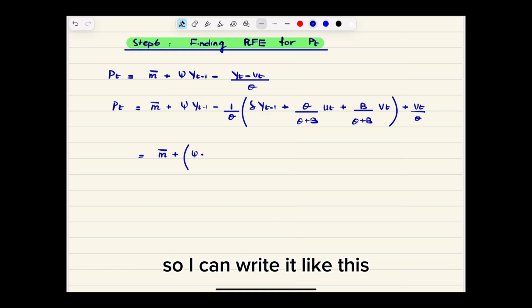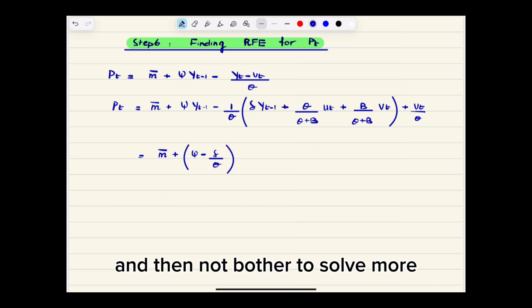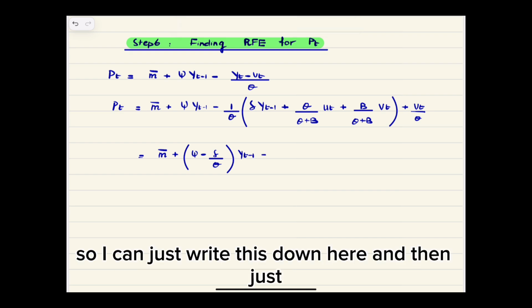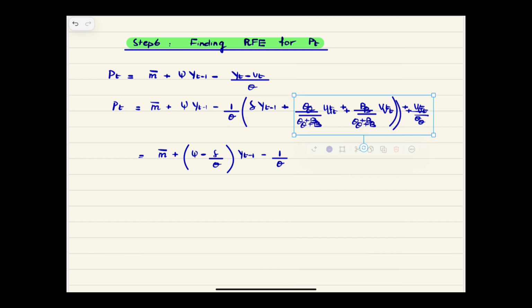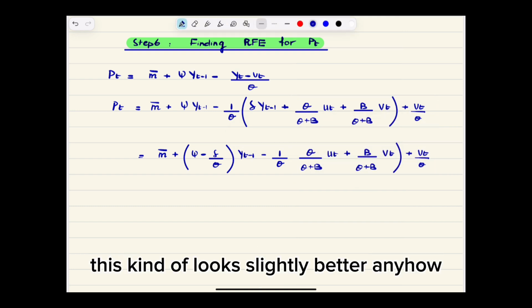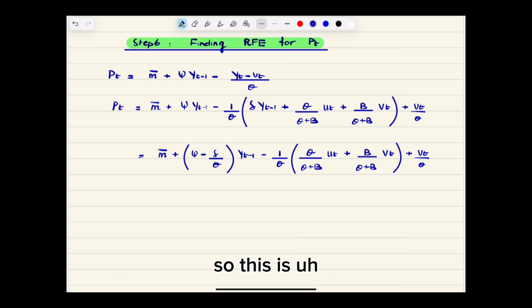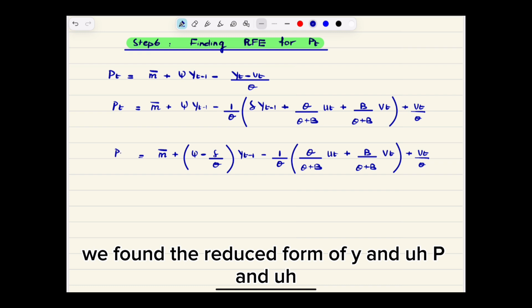I can write it like this and not bother to solve more. This kind of looks slightly better. Anyhow, we found the reduced form of y and p.